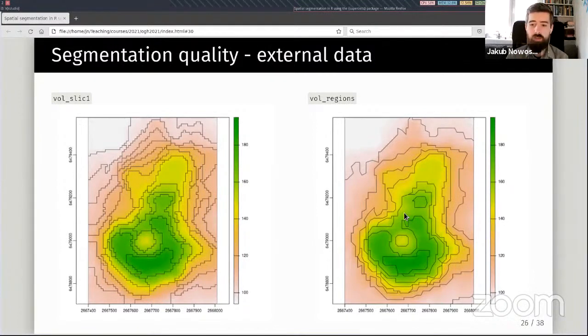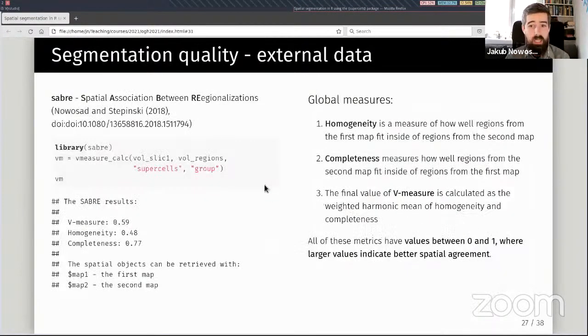On the right, we've got new external data. Maybe those are some manually drawn zones, and we want to compare how our 2 maps are similar or how they differ. One possible approach is to use a package called SABRE.